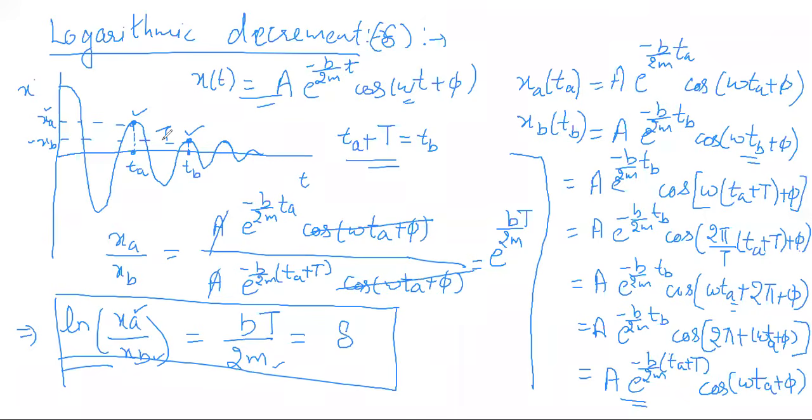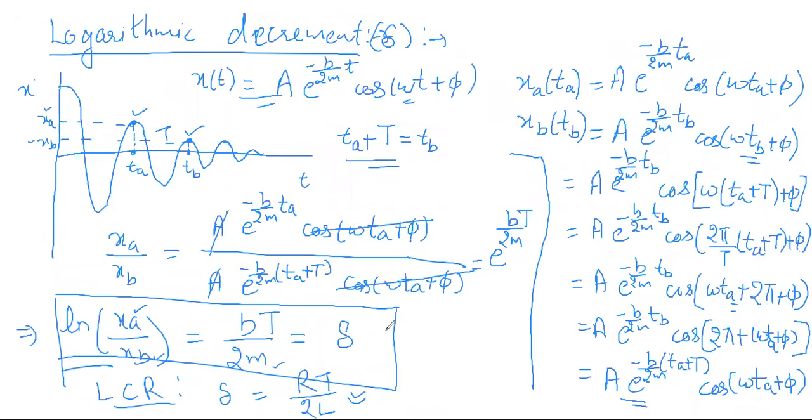Now this was for the mechanical oscillator. If you talk about the damping coefficient for an LCR circuit, we said your b is R, m is L, and the time period is the same. So this would be your expression for logarithmic decrement for an LCR circuit.